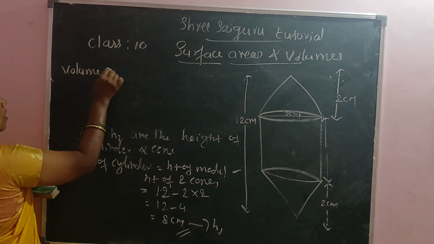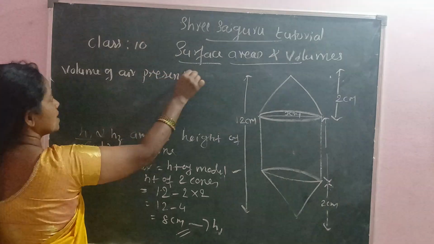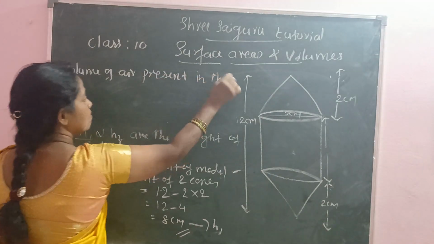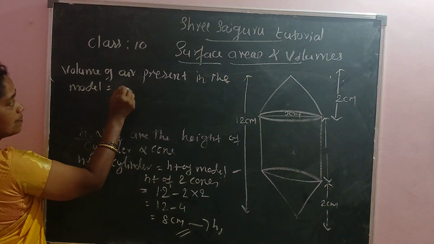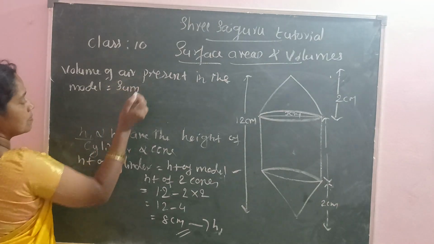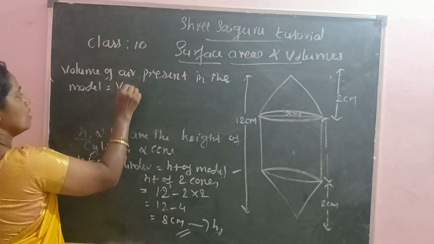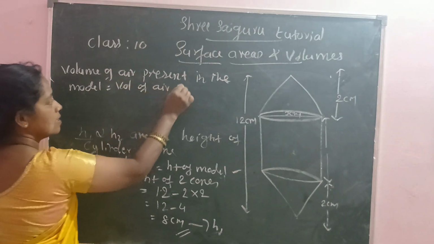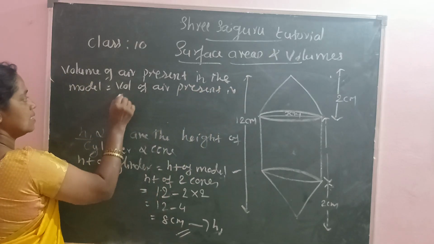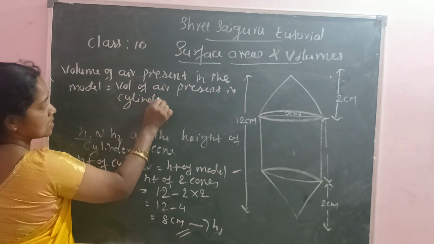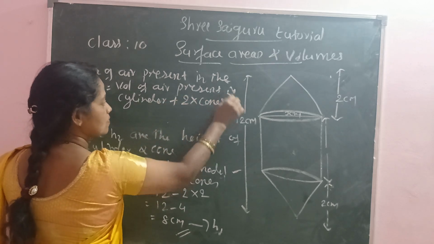The volume of air present in the model is equal to the sum of the volume of air present in the cylinder plus the two cones.